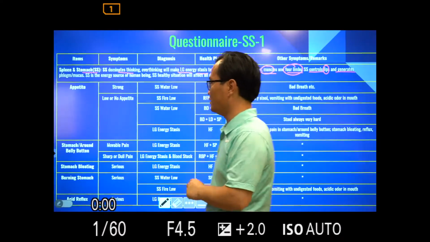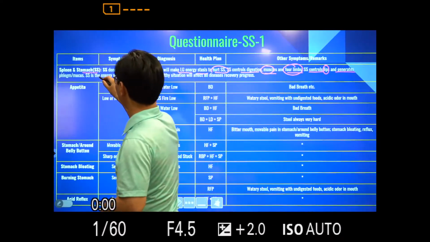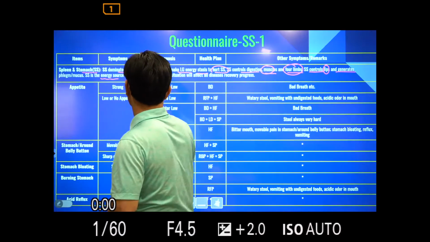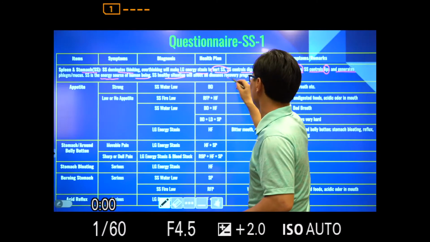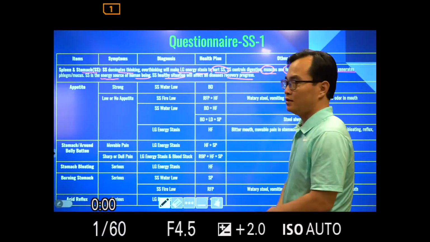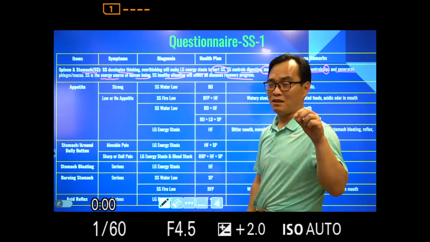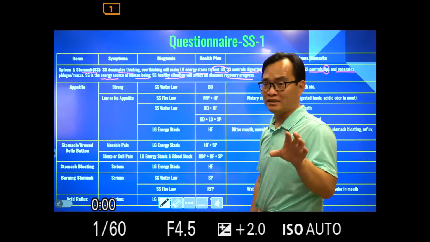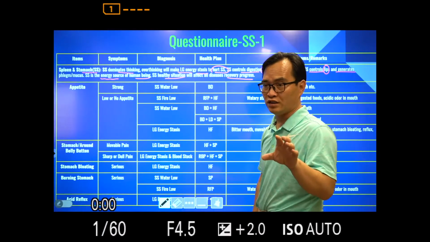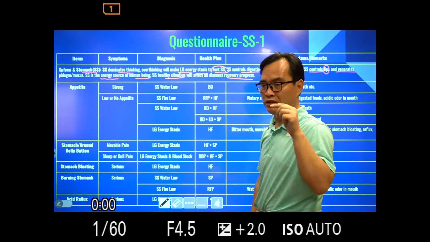The SS is the inner resource of the human being. The SS health situation will affect the recovery progress of all diseases. This means the SS system is the inner resource because it needs to digest the food and absorb the nutrients into the body.